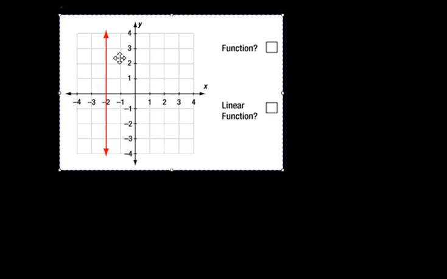Is there only one point in the range that is connected or paired with that domain value? So for every x value, is there only one y value? Well, no, there's multiple y values for -2. Therefore, it is not a function.